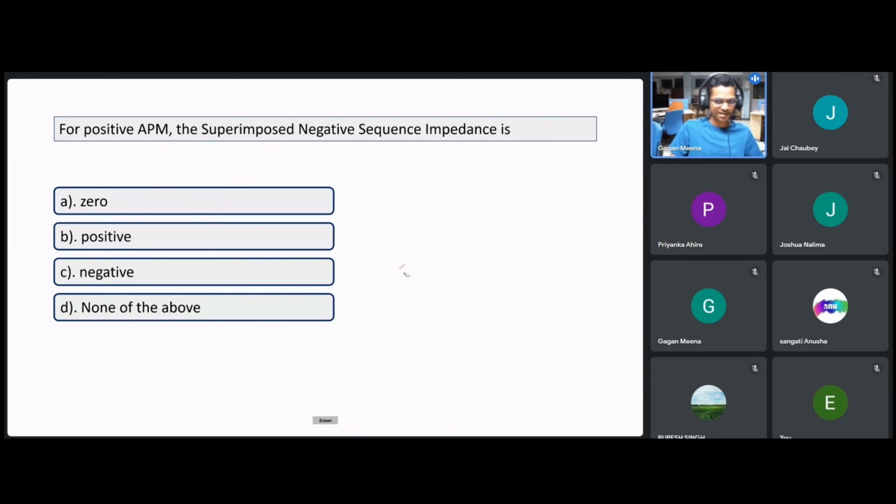Now, next, this question is based upon the non-detection zone, NDZ. So here the question is: for positive active power mismatch, the superimposed negative sequence impedance is 0, positive, negative, or none of the above.